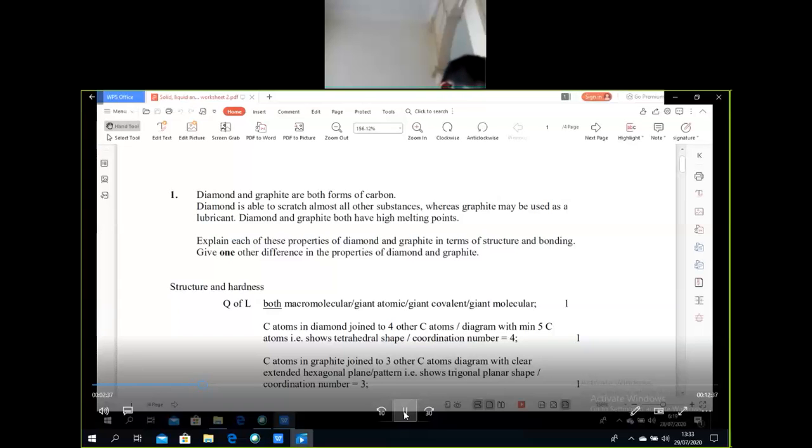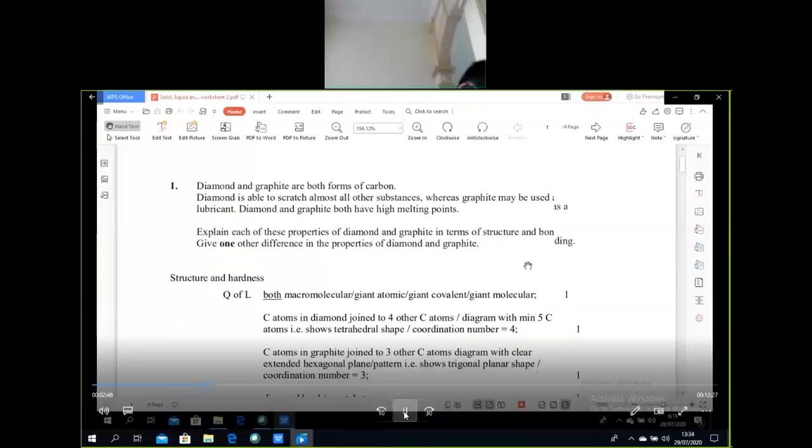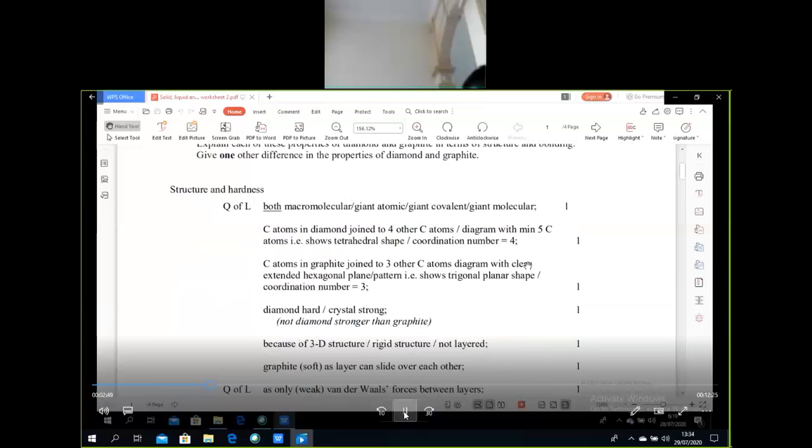Because one carbon is bonded to other 3 carbon atoms, this structure has a coordination number of 3. And then diamond is a crystal, and it is strong. It is stronger than graphite.